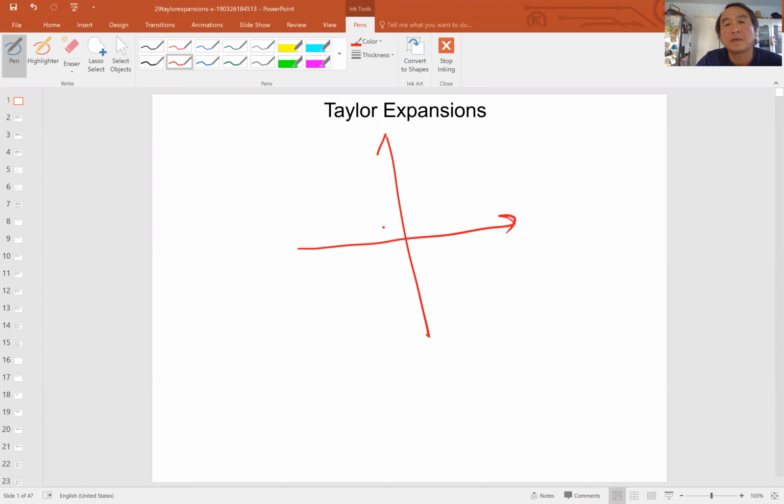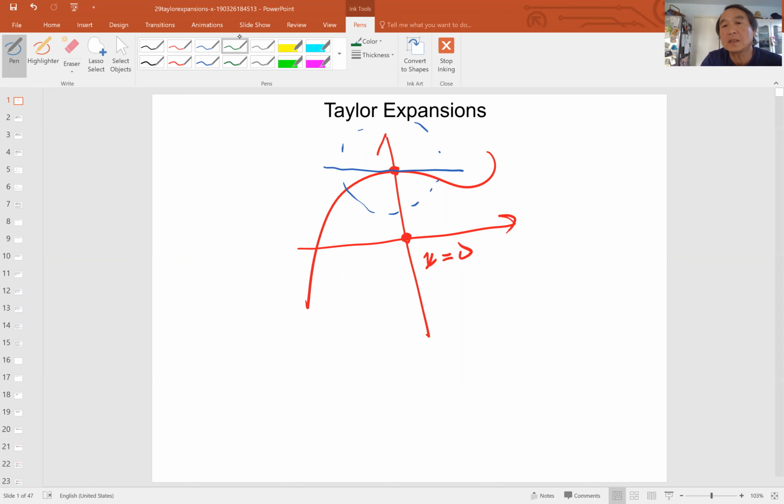We talked about functions that are infinitely differentiable, and we look at the point x equal to 0. We want to come up with polynomials that approximate this function in a very small region around x equals 0. We first find the first degree polynomial, which is the line.